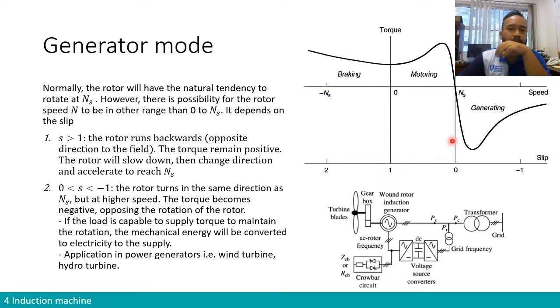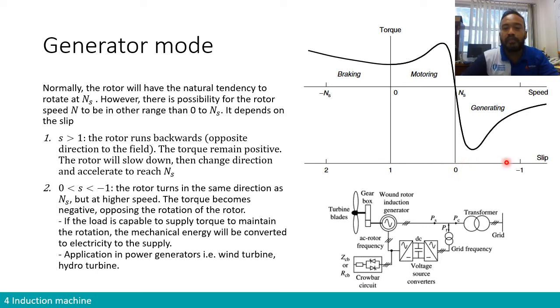As we can see in the graph, there is another possibility of slip where you can have a negative slip. So what does negative slip mean? It is when the rotor is rotating faster than the synchronous speed.